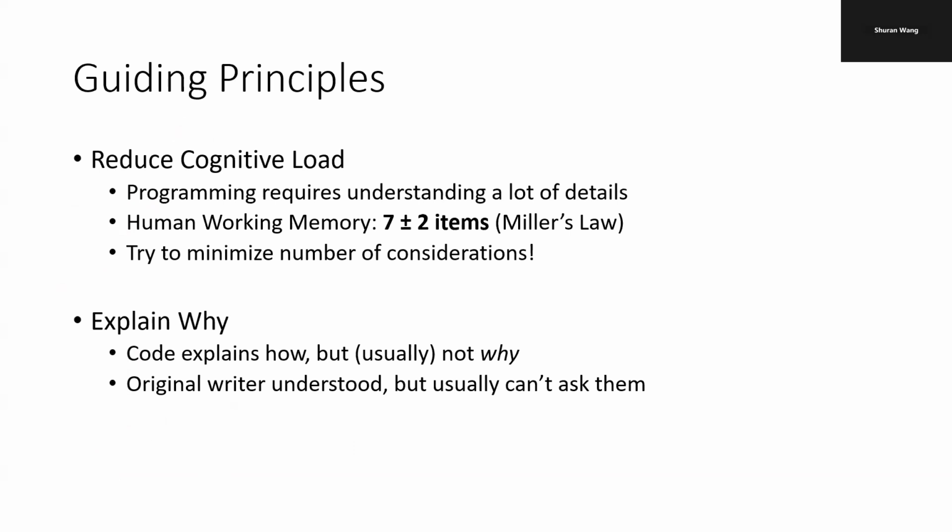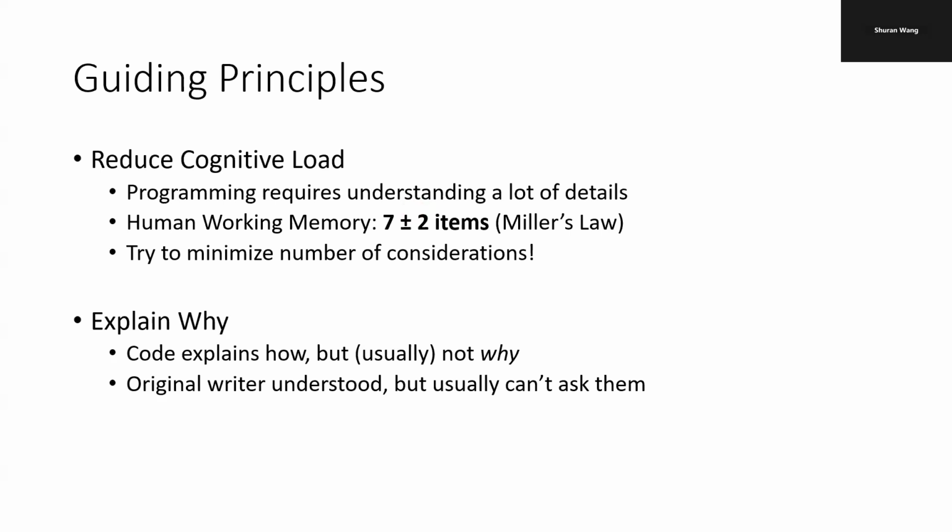Guiding principles. When a human is reading code, there is a cognitive load that's constrained by human brains. Human working memory is 7 plus or minus 2 items at a time.